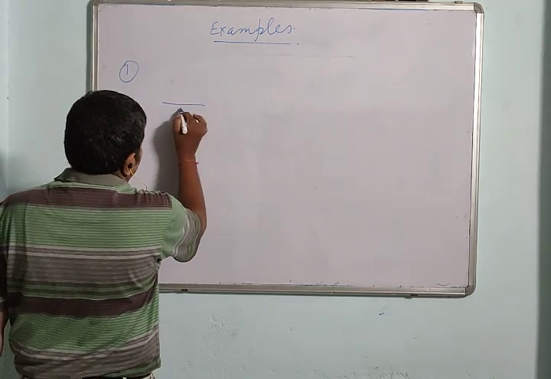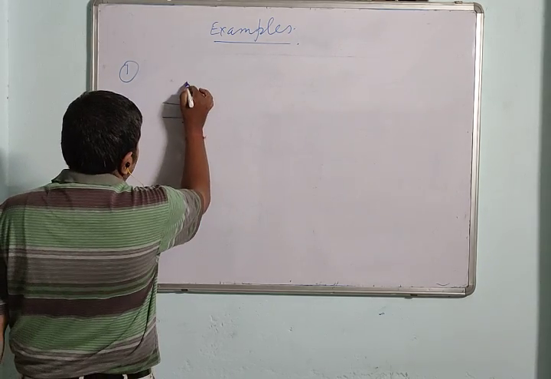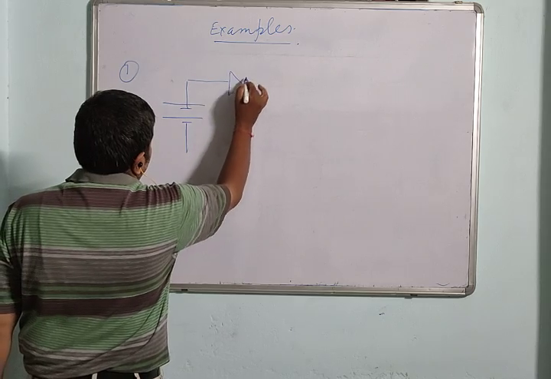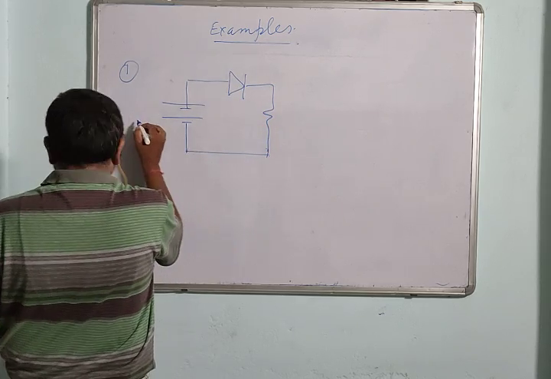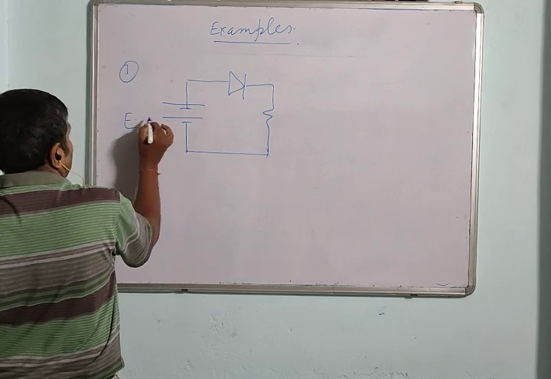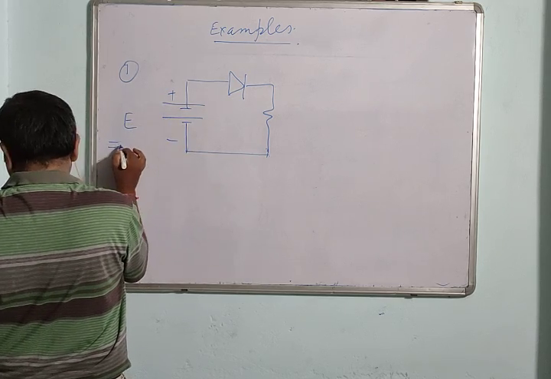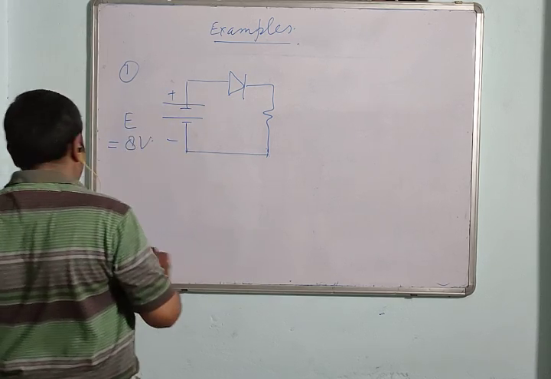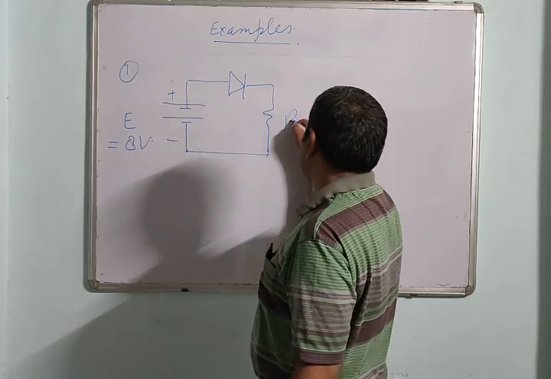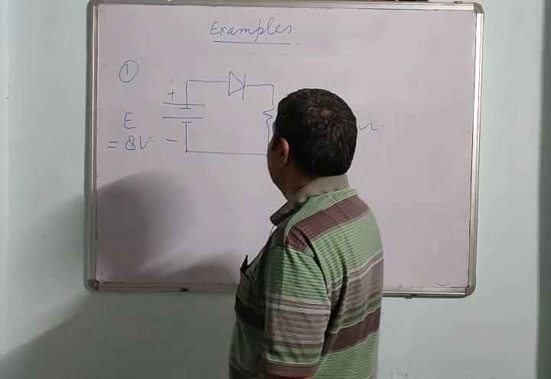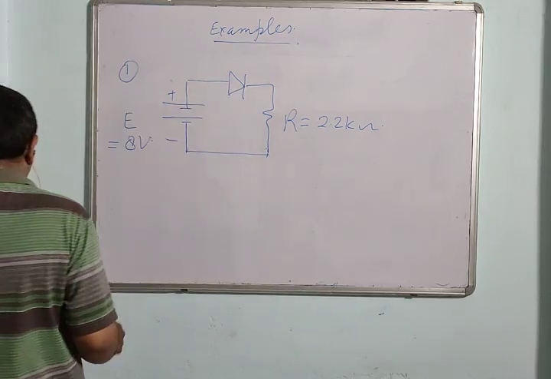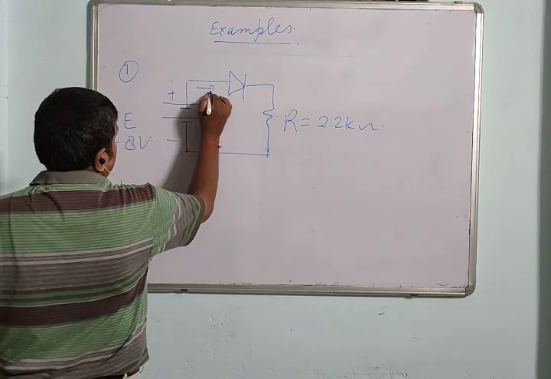Simply we are using a battery, a diode and a resistor. This battery is given, suppose plus minus, E is given 8 volt. Here resistance value is given 2.2 kilo ohm. Okay. And here current is shown.